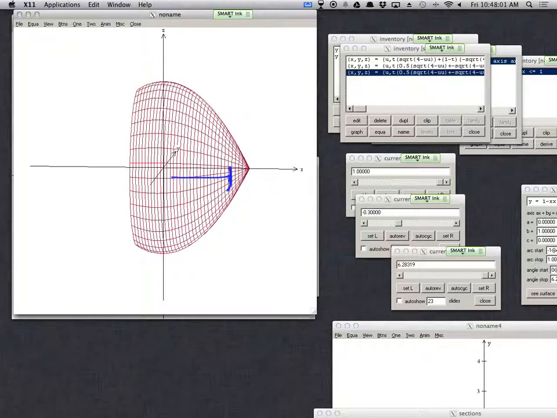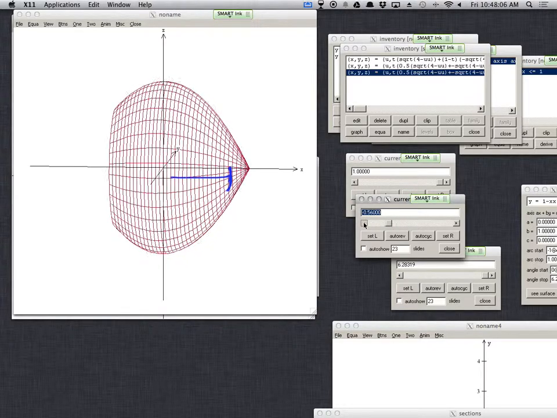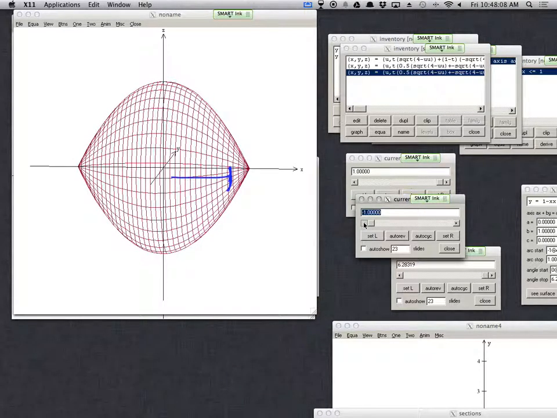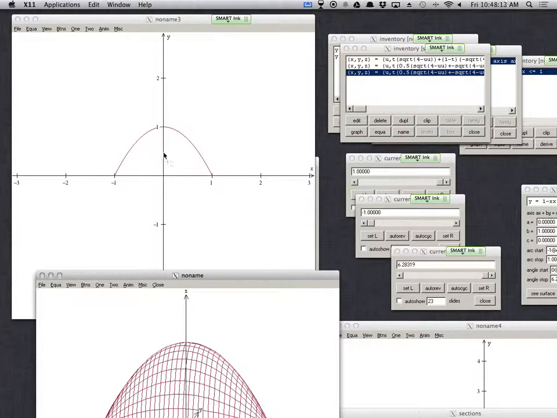And if we go back to the original picture, I'm taking this thing and I am rotating it around the x-axis. So what is my radius going to be?